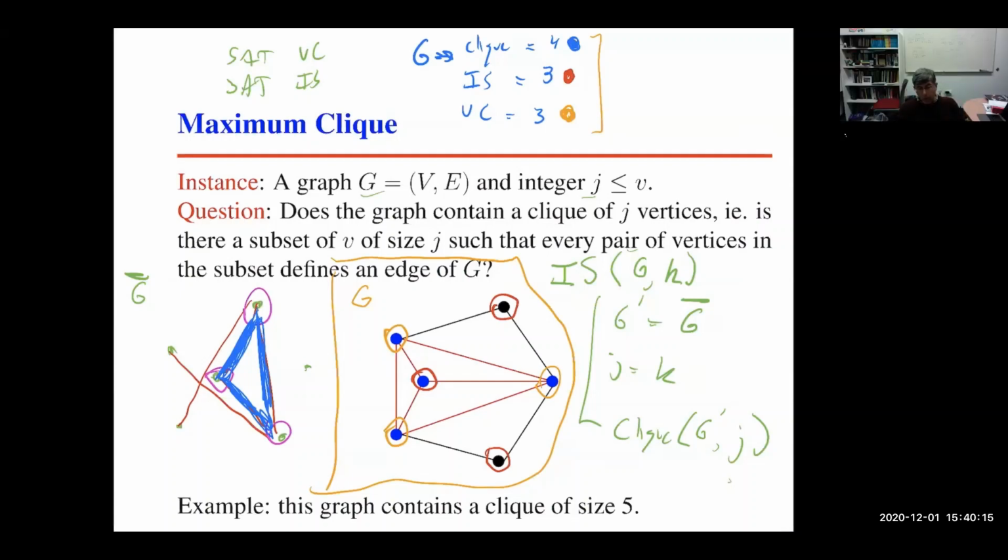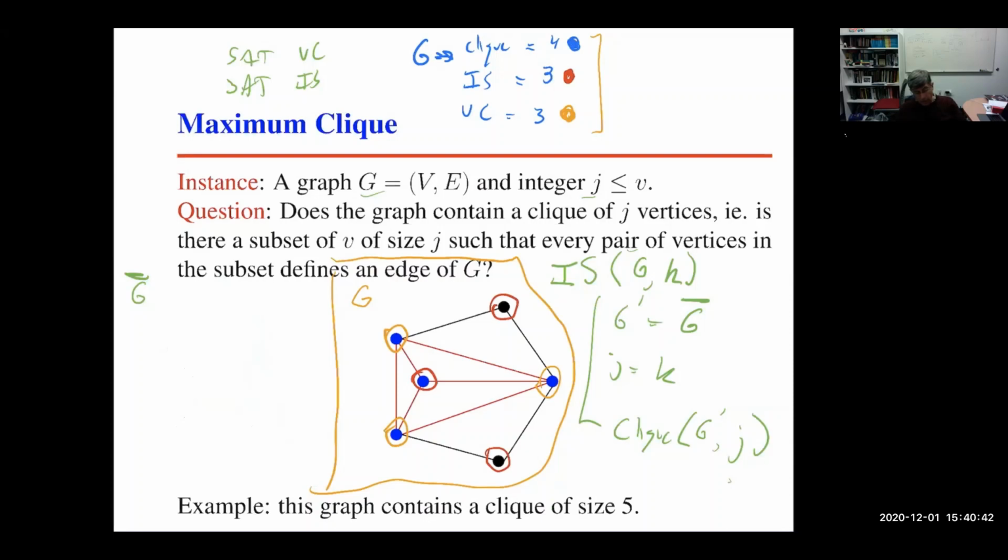Now let's look at G prime. What are the properties of G prime? This is G prime. What is the size of the largest clique in G prime? Let me redraw this a little bit to hope that we get this right. Hold on.